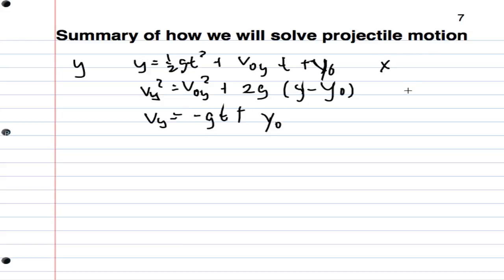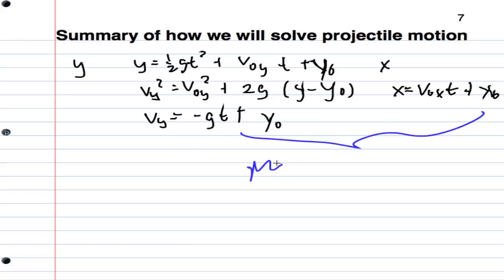And in the x direction, you'll have x equals v naught x t plus x naught. And you will memorize all 4 of these. So yes, do not have any illusions. Memorize. The other possibility is we can use the range and height formulas. So this is one kind of big approach, this here.